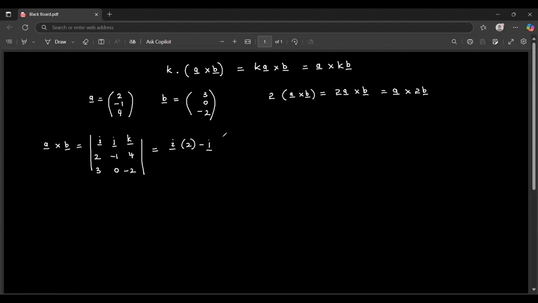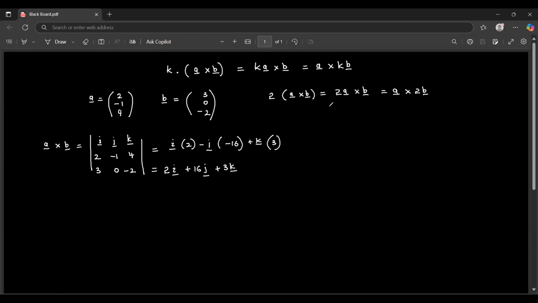Minus j into (2 into minus 2, minus 4), it's 12 minus 4 and minus 12, so minus 16. And plus k into 0, so it will be 3. So the output is 2i plus 16j plus 3k.